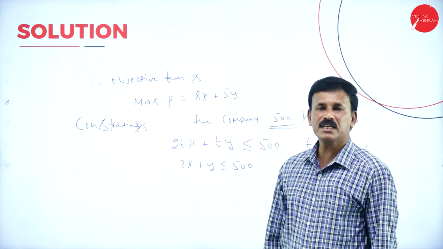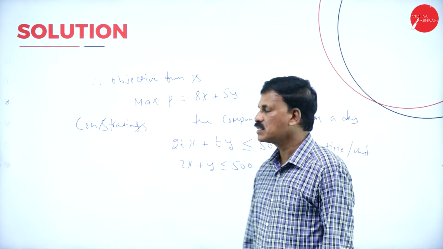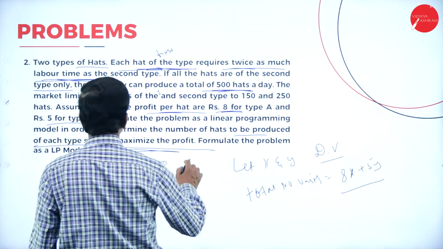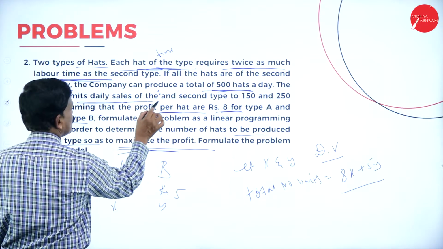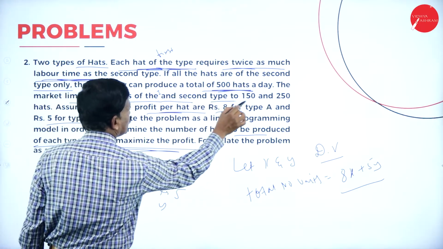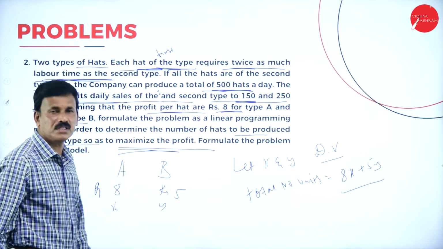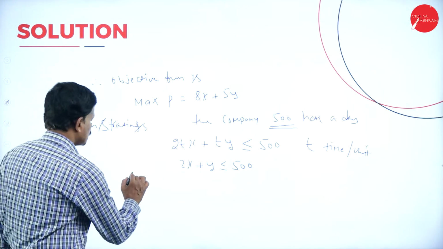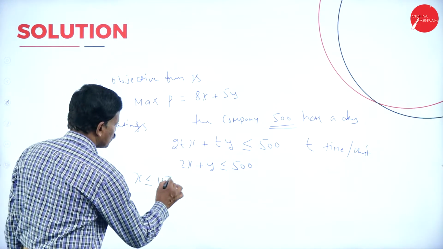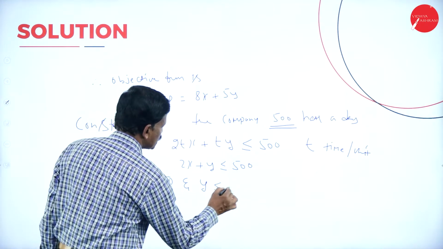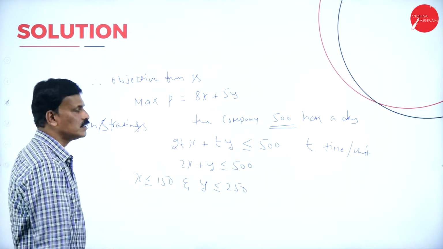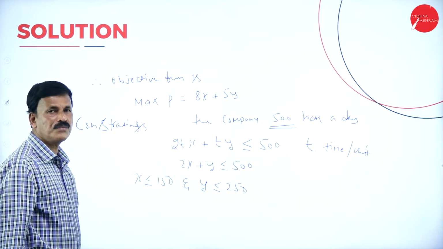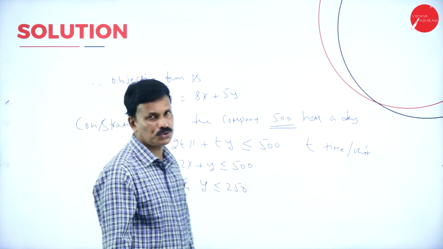But further it is given the condition of sales of the hats. What is the condition of sales? The market limits daily sales of the first type and the second type to 150 and 250. So x is less than or equal to 150 and y is less than or equal to 250.